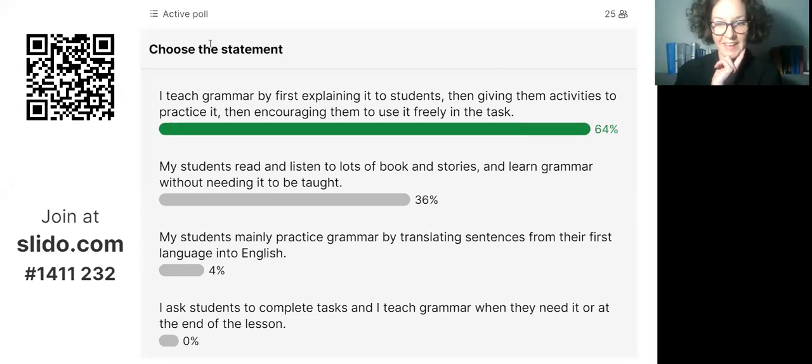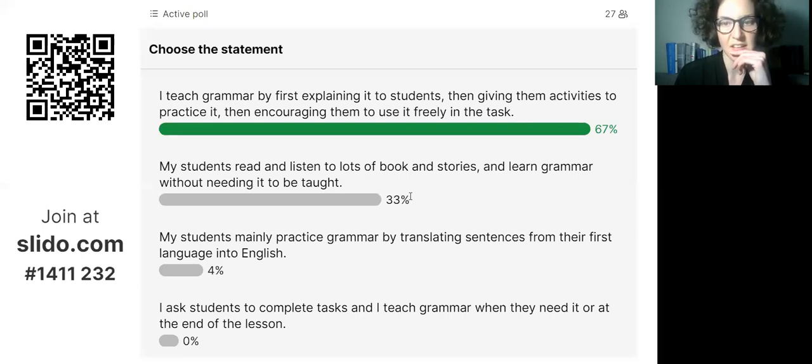Okay, I'm back here. And what do we see? Most people first teach grammar by explaining it to students, then giving them activities to practice it, and then encourage them to use it freely in the task. Okay.